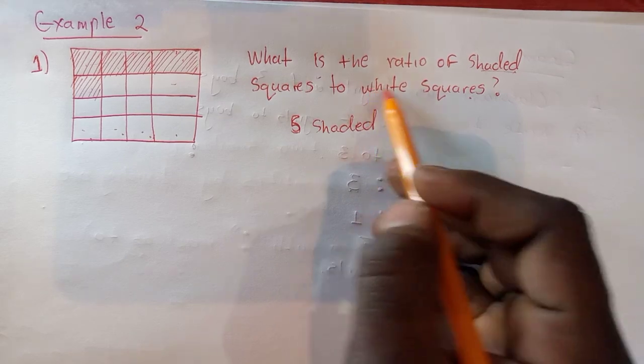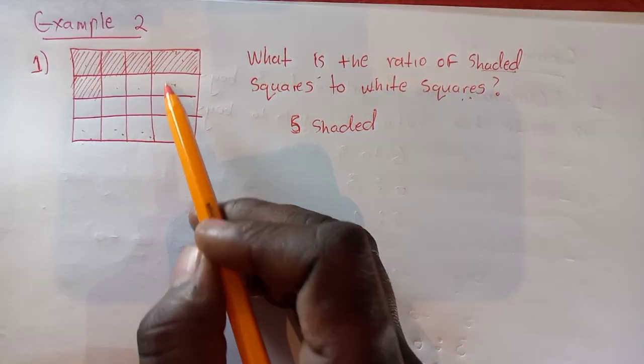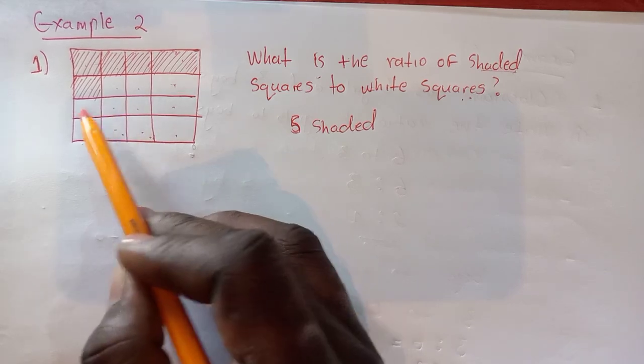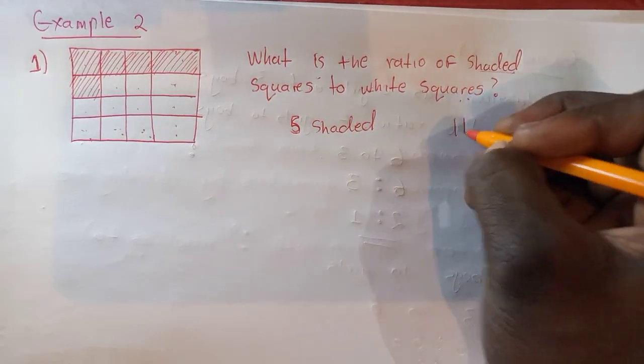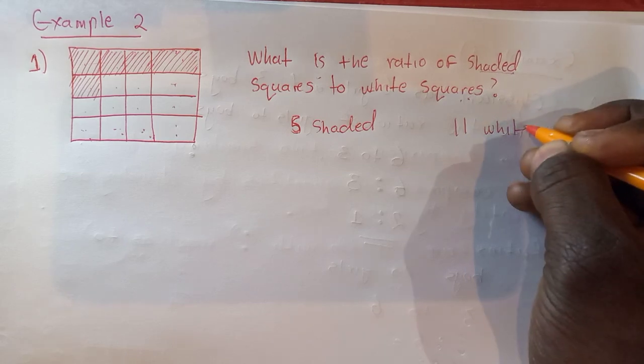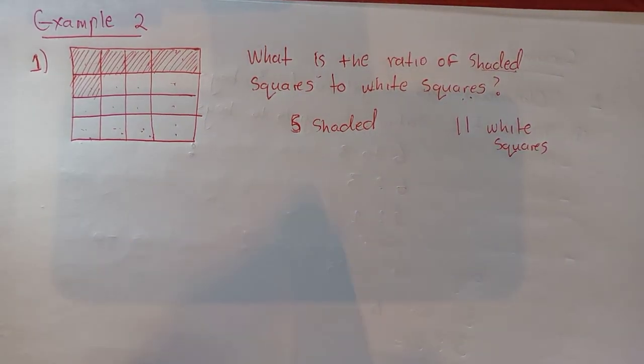Then the white squares, the ones that haven't been shaded: 1, 2, 3, 4, 5, 6, 7, 8, 9, 10, 11. We have 11 white squares. So we have 5 shaded and 11 white squares. We write it in the form of a ratio.